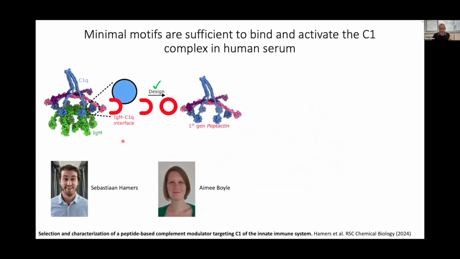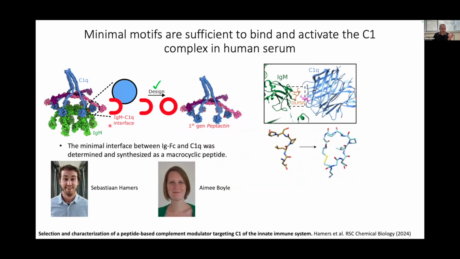So we had an idea. We designed and synthesized a peptide comprising just these amino acids. This is what it looks like in our structure. So this is an IgM C1q complex. We could then cyclize this little region and kind of enforce it to look like it does in the whole antibody structure. This was work done by my PhD student, Sebastian Hammers, and a collaborator called Amy Boyle.